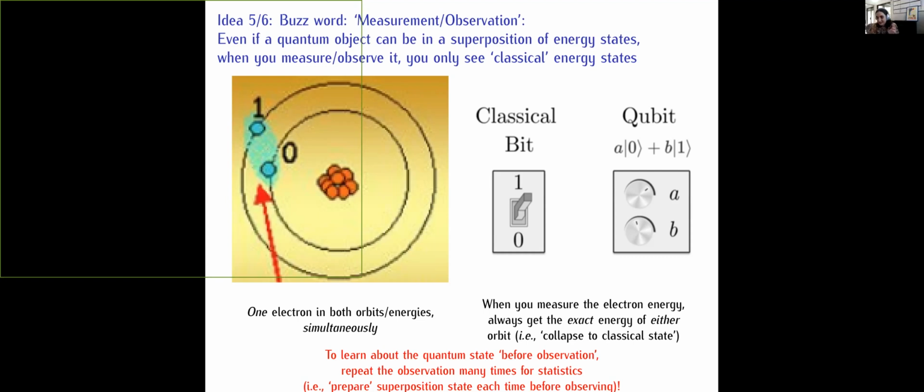What you get with your energy meter, 100% of the time you take a measurement on any electron, is only either the energy associated with 0, or the energy associated with 1.